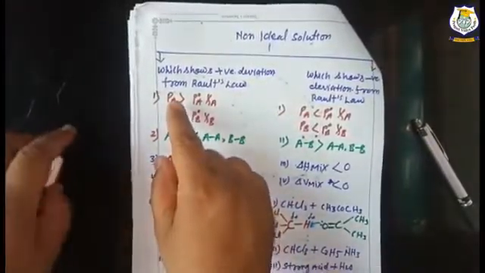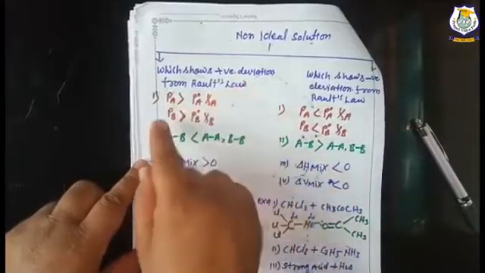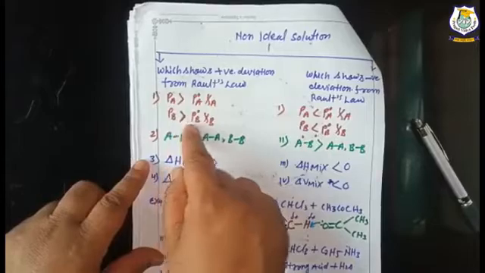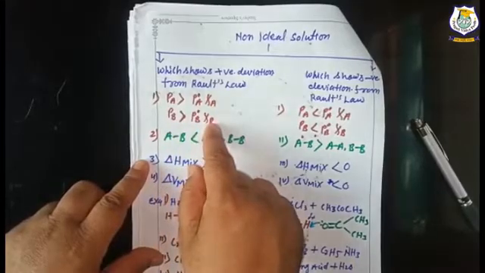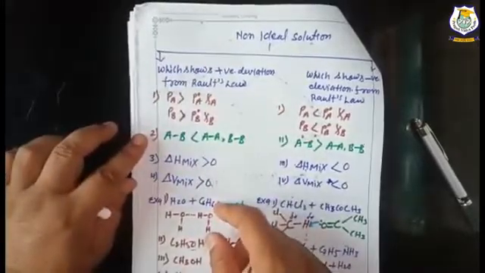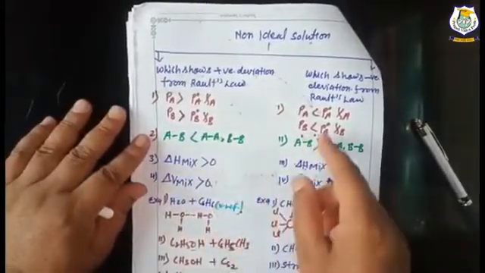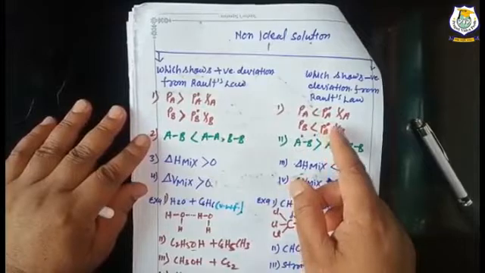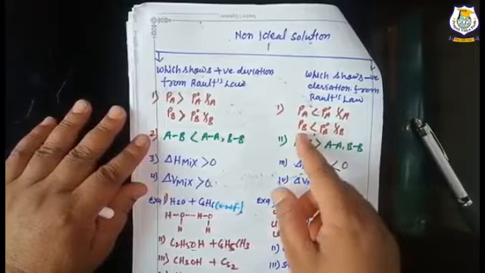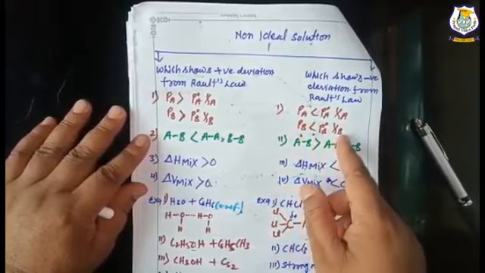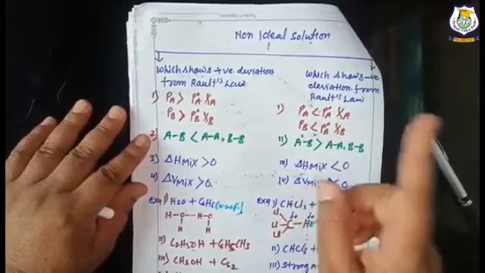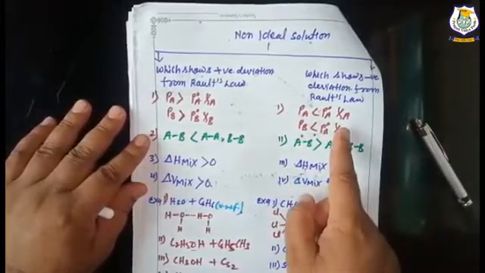For a solution showing positive deviation, PA is greater than P naught A XA and PB is greater than P naught B XB. That means the partial vapor pressure of each component is greater than expected from Raoult's law. In the case of negative deviation, the partial vapor pressure PA is less than P naught A XA and PB is less than P naught B XB. That means the partial vapor pressure of a component is less than expected from Raoult's law.